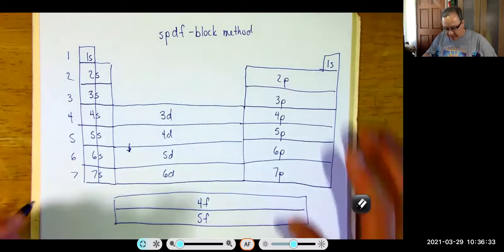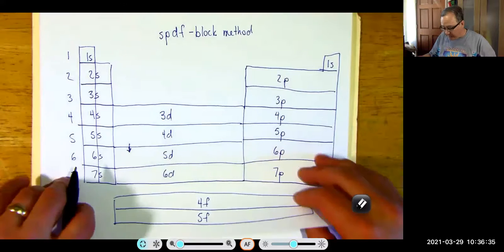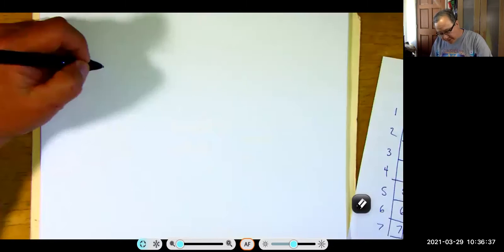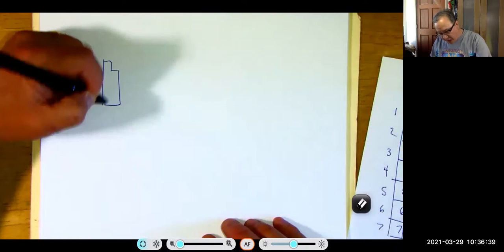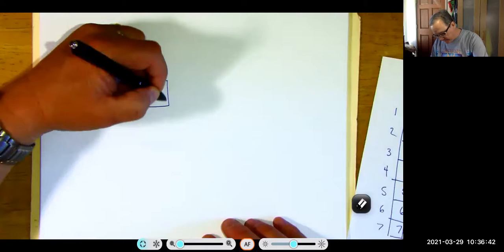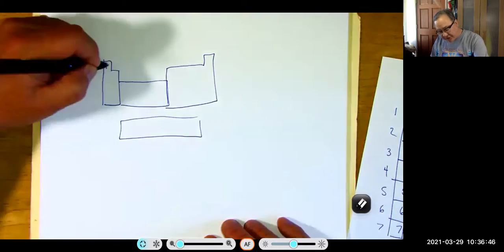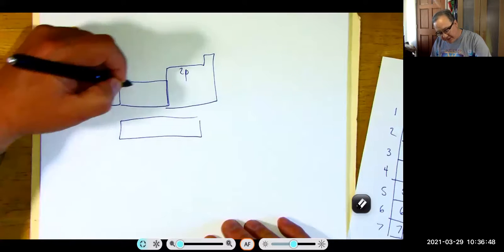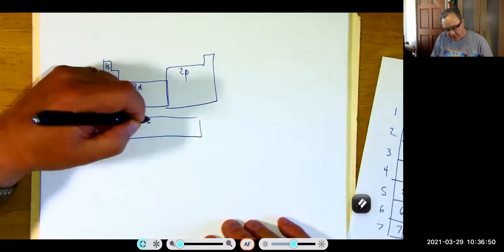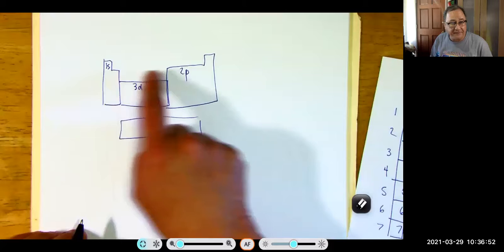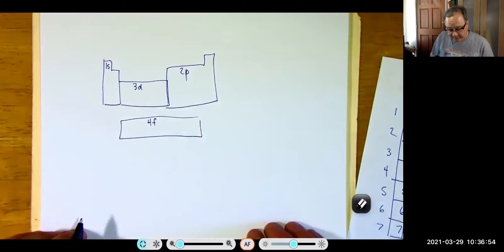So I'm going to come back to this in just a moment. The way I kind of remember it is if you look at the blocks, this one starts with 1S, 2P, 3D, 4F. 1, 2, 3, 4. SPDF.